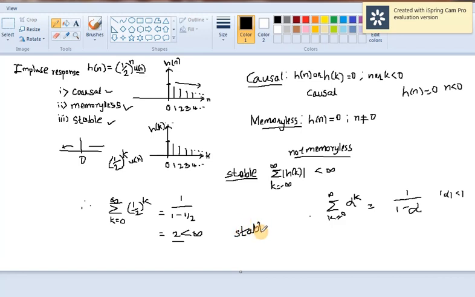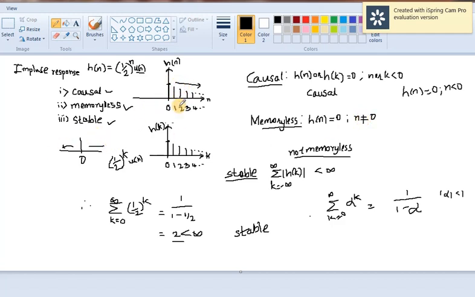Now let me repeat the things if any confusion is there. The impulse response signal that is given is causal because it satisfies h of n equal to 0 for n less than 0, as it is not having anything on the left side. To be memoryless, h of n equal to 0 for n not equal to 0 is the condition, meaning it should be present only at the 0th instance. But it is not so with our signal.